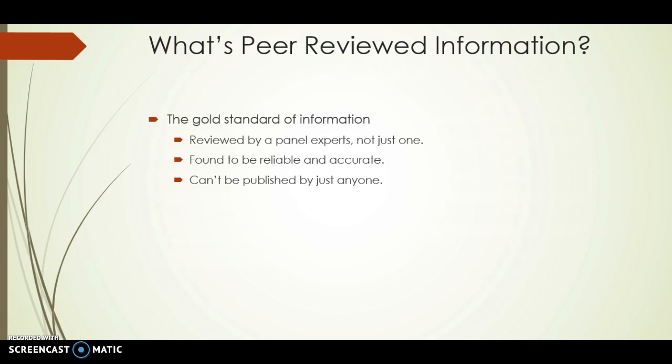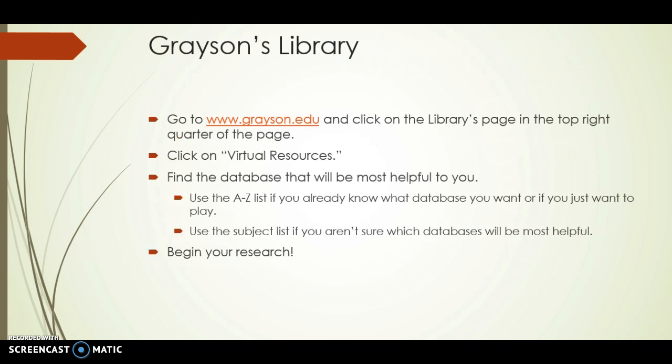They all have to read the article and come to a consensus that yes, this is high quality, accurate, and reliable, or it's not. Which means peer-reviewed information can't be published by just anyone. It has to be published by a recognized scholar, or at least someone who has done work in the field before.